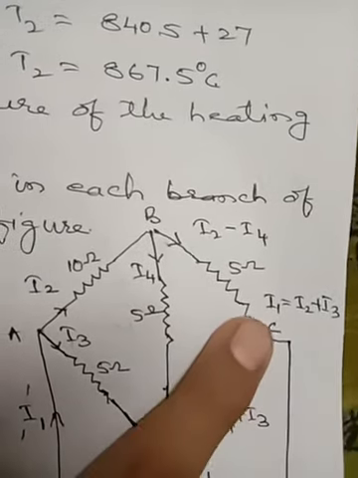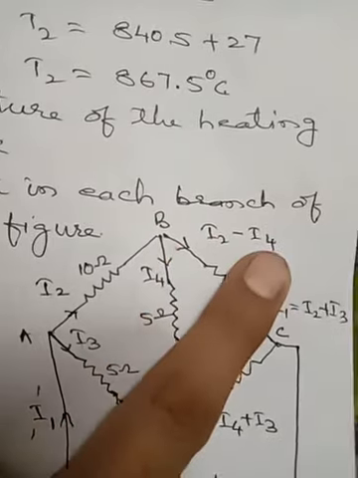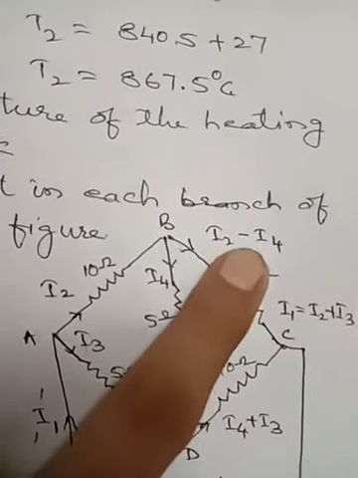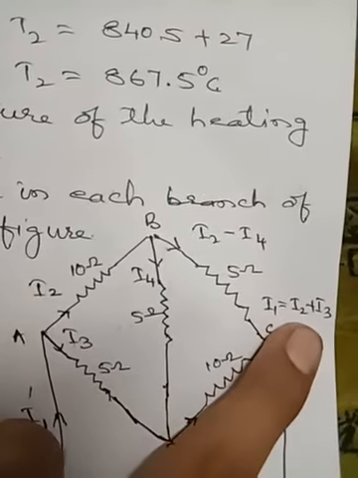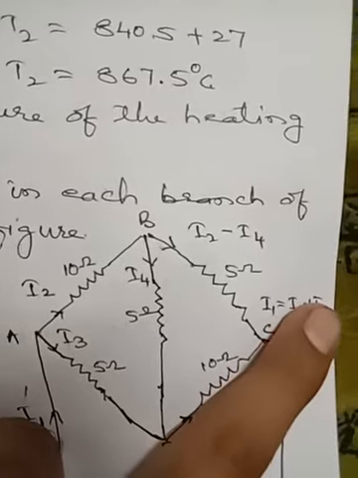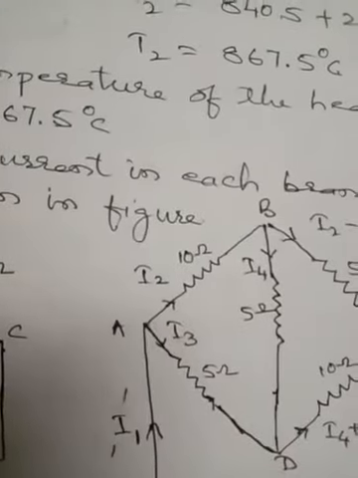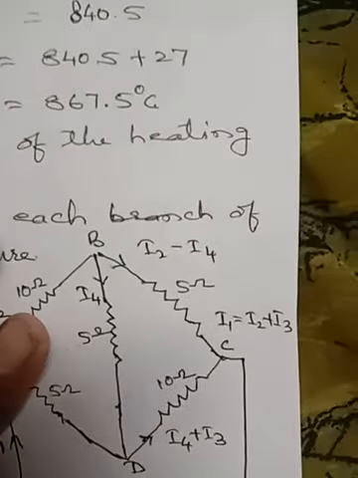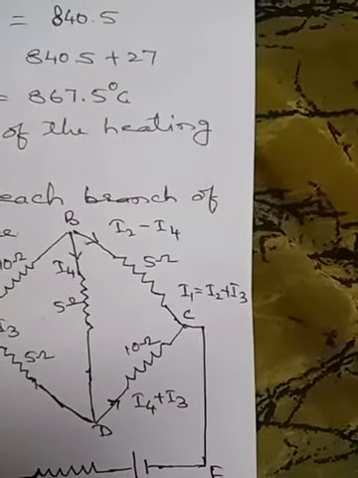I4 plus I3 meet at C, and here I2 minus I4 will meet. When they meet, I4 and I4 get cancelled. So the total current becomes I2 plus I3. So I1 is equal to I2 plus I3. With this explanation, we have to solve the problem.